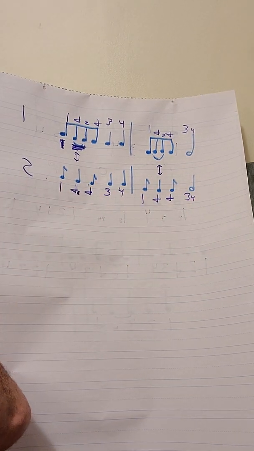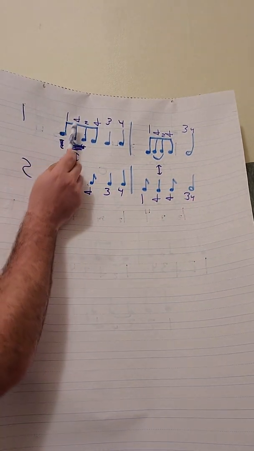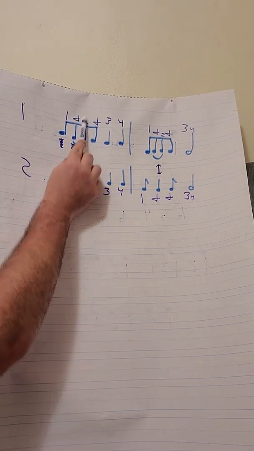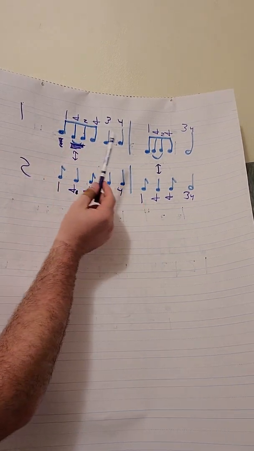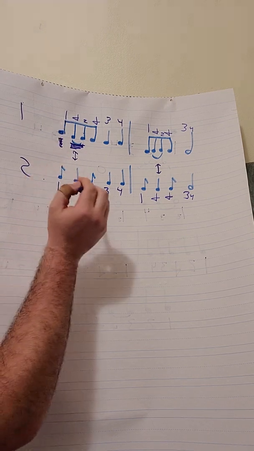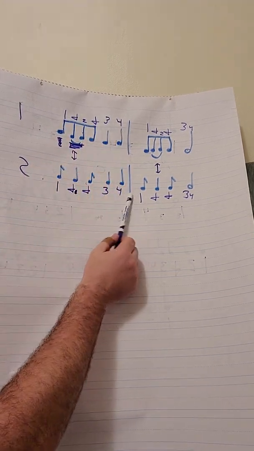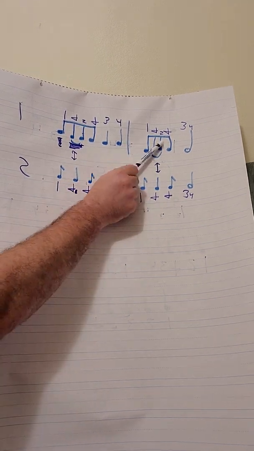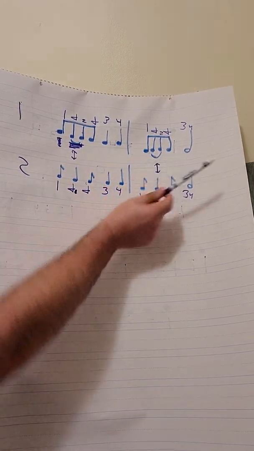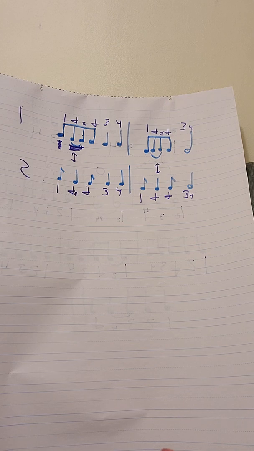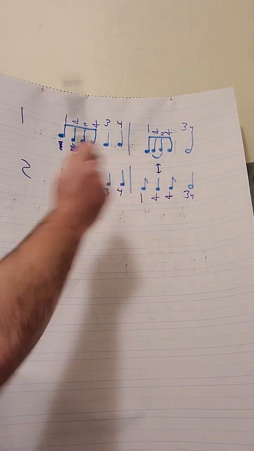Okay? So if you look, 1, 1 and. Skip the 2 because we won't say 2 anyway. So 1, 1 and, 3, 3, 4, 4. Again over here, 1, 1 and, 3, 4. Okay? So they would sound exactly the same.